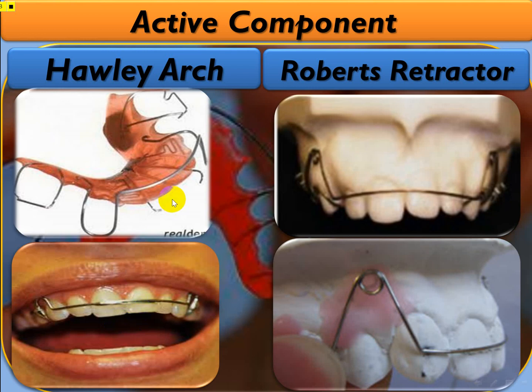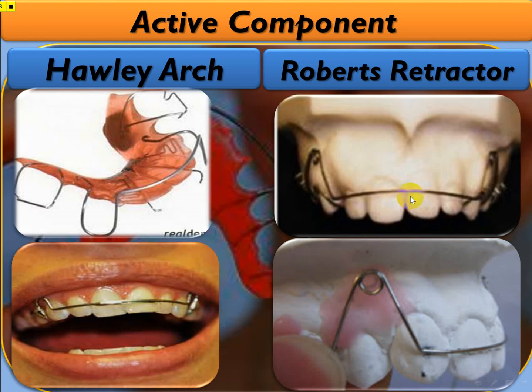Other uses of the Hawley arch are in a couple force system as an active component also, and the other use is retention, as when we use it in a passive removable appliance, the retainer.